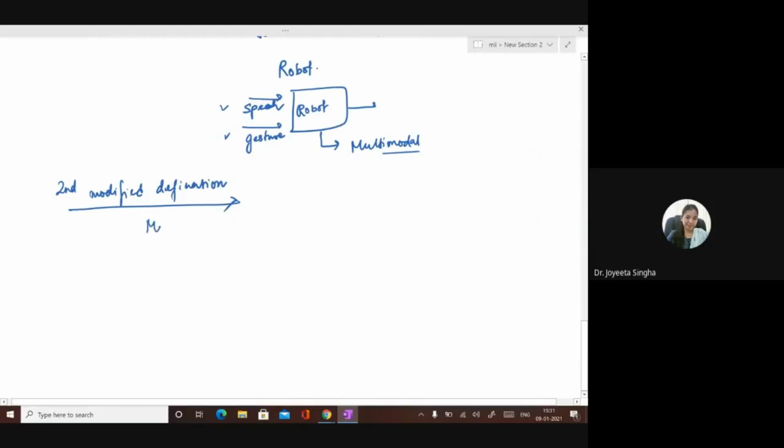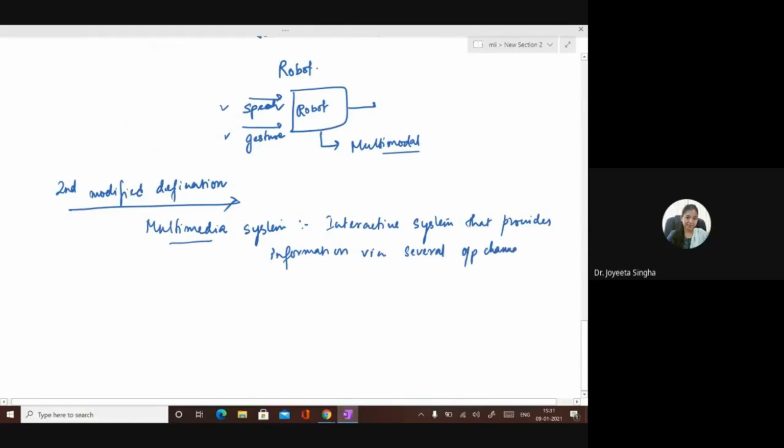This definition tells us that a multimedia system is an interactive system that provides information via several output channels. So multimedia is mostly focused on the output side. The output can have multiple channels, for example sound plus graphics and so on.